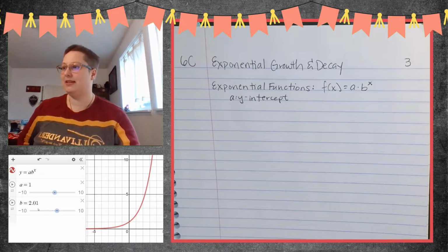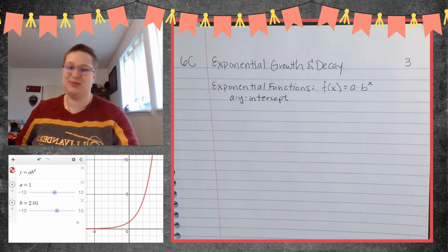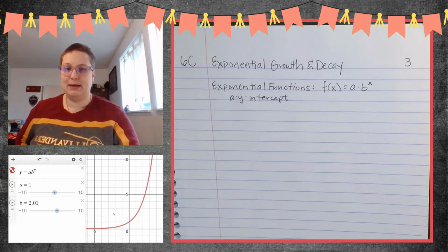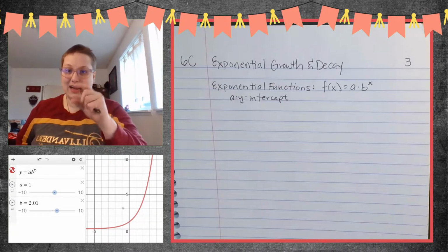As b gets bigger, it gets more stretched out this way. What's happening is that right now I'm taking every y value and doubling it because it's times 2. So here it's at 1 high, here it's at 2 high, here it's at 4 high, and then at 8 high, and then it'll be at 16 high. So that height is doubling.